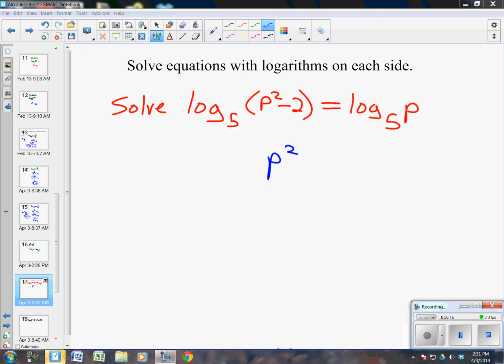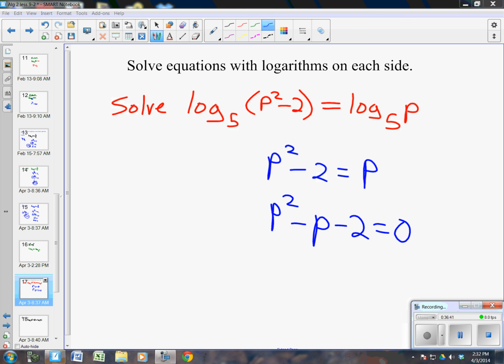Okay. Hey, you guys. These are both log base 5, isn't the p squared minus 2 equal to p? Right? Same idea as what I just showed you. So this is what kind of equation right here? Oh, whoops, I wrote that wrong. That's supposed to be p squared minus 2, right? What kind of equation is that? Quadratic. How do you solve a quadratic?